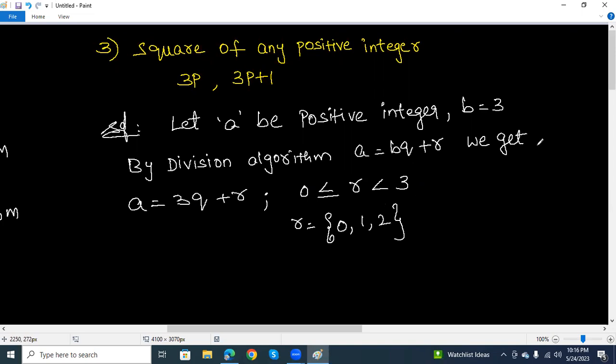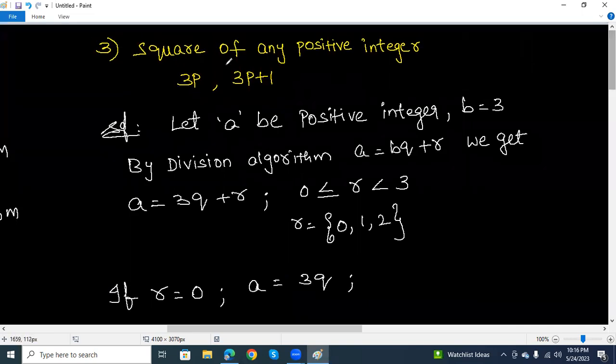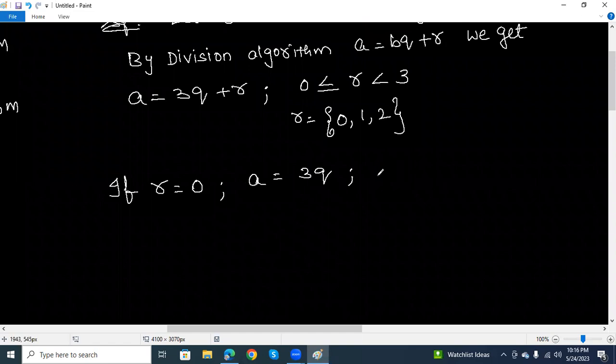So let's see. If r is equal to 0, a is equal to 3q only. But they told us the square of any positive integer, so let's do the square here.